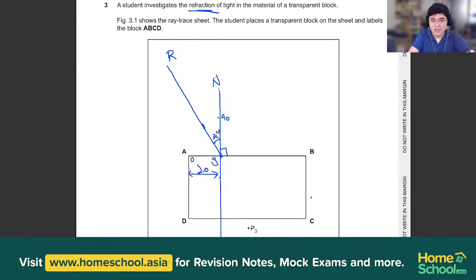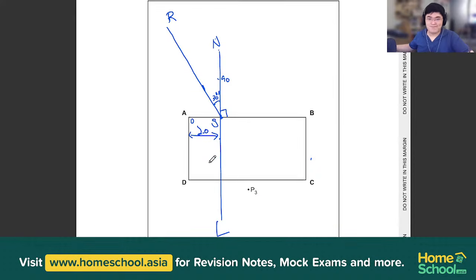Okay, 30 degrees. Now we are to place two pins P1 and P2 on the line, and mark with two crosses on RS the positions of the pins. They have to be a suitable distance apart.